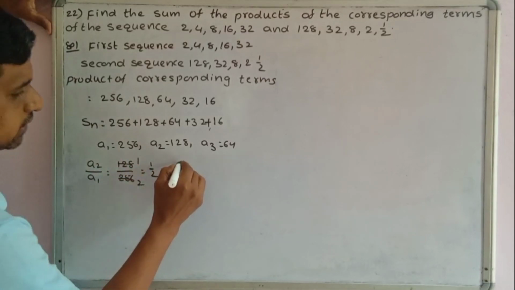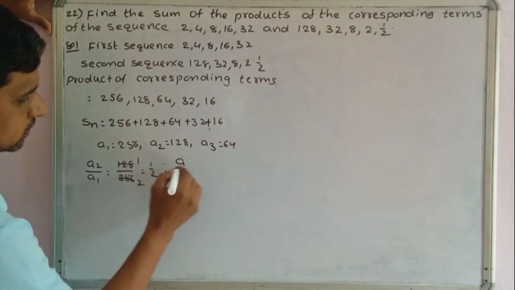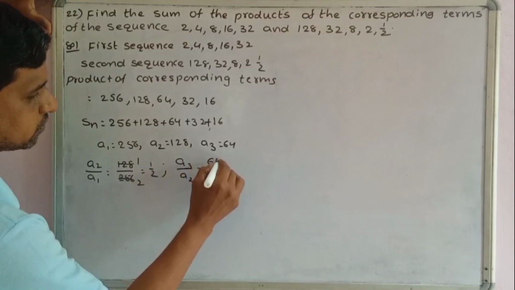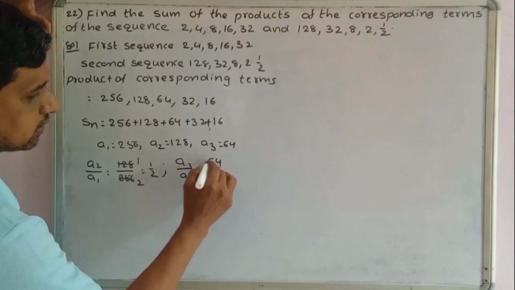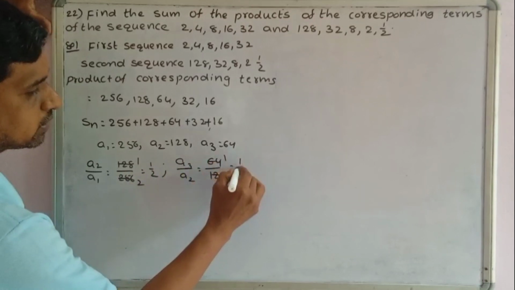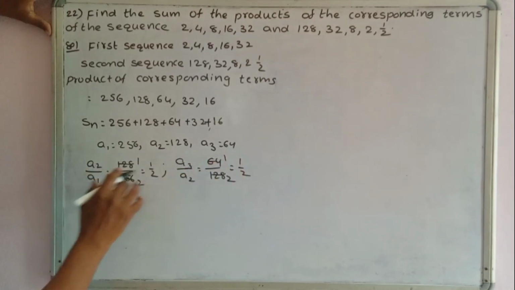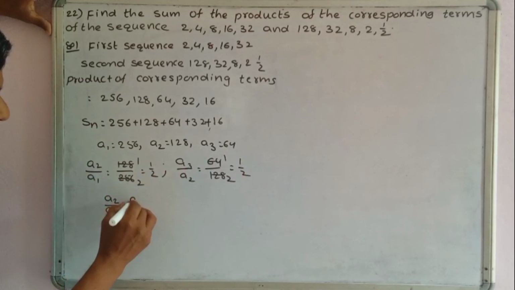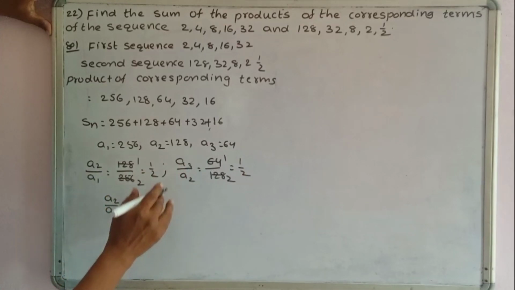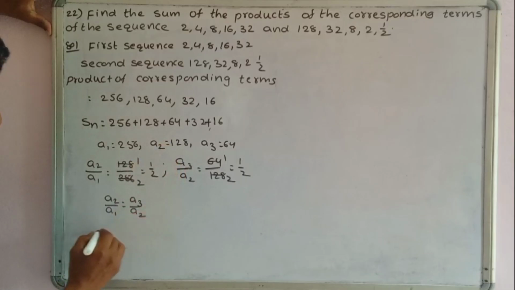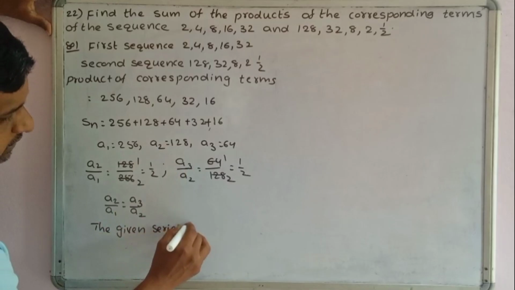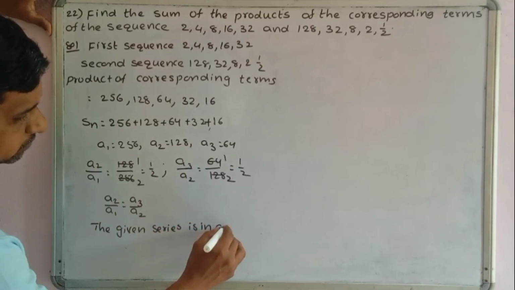Next, A3 by A2. A3 value is 64 by 128, that is 1 by 2. Observe that A2 by A1 equals A3 by A2. So the given series is in GP.